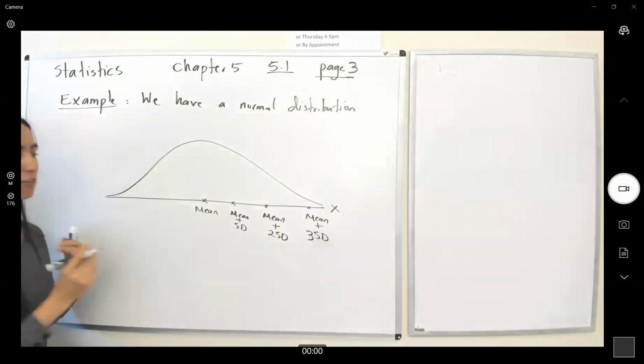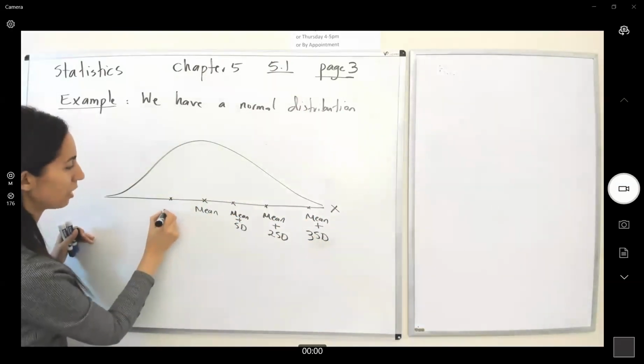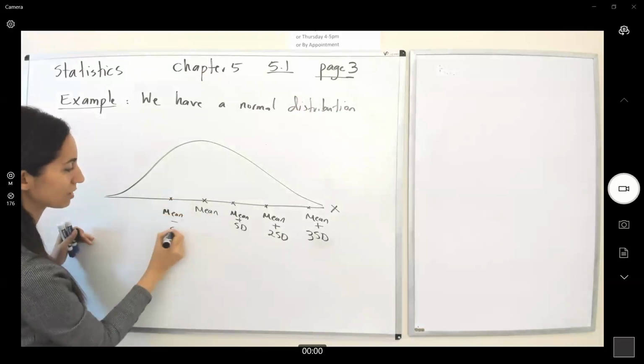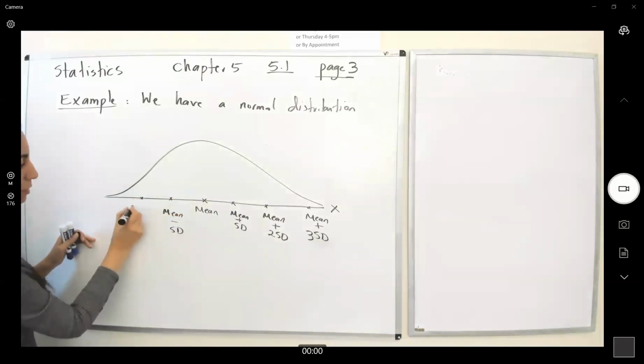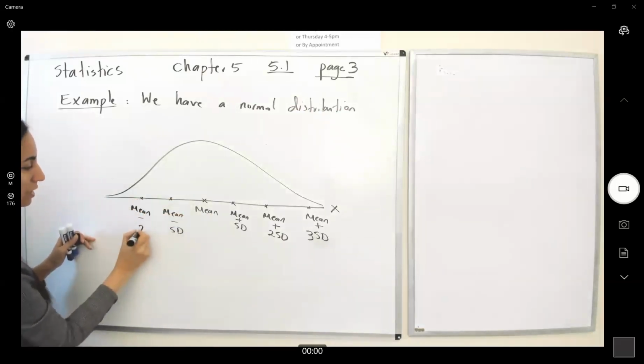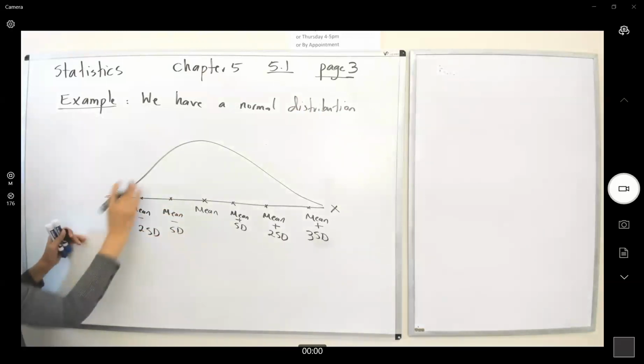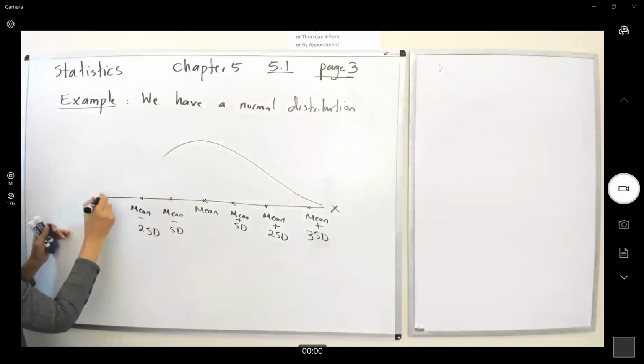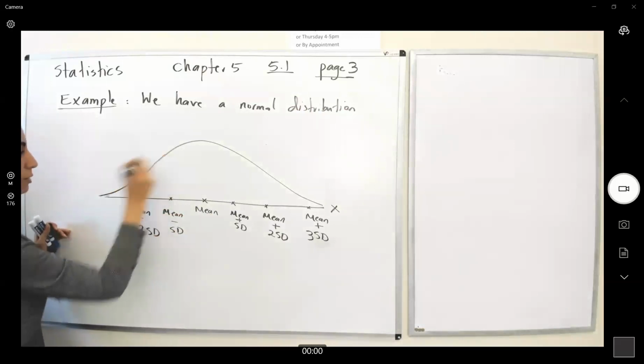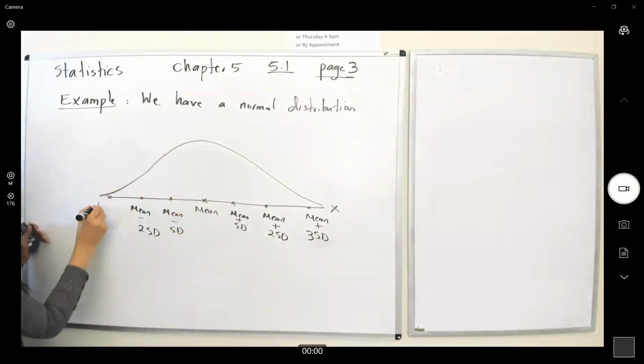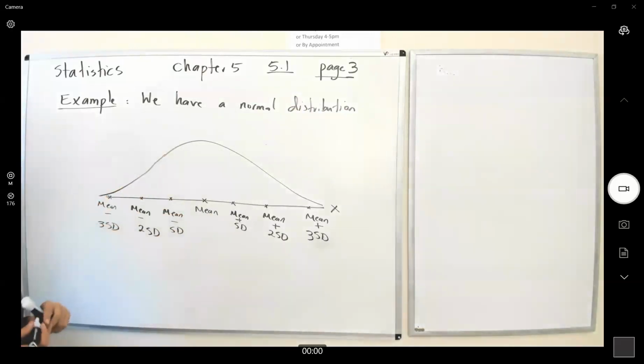The same on the left hand side, mean minus 1 standard deviation, mean minus 2 standard deviations, and here on the other side, mean minus 3 standard deviations.